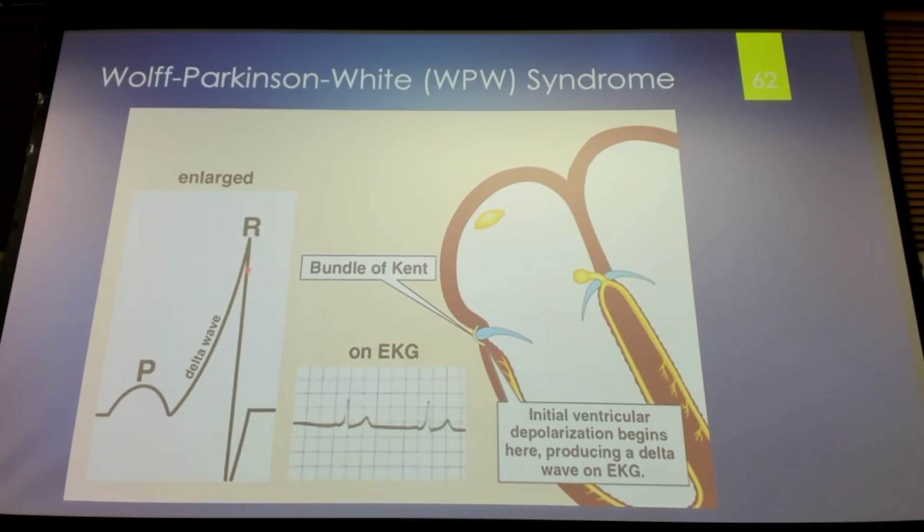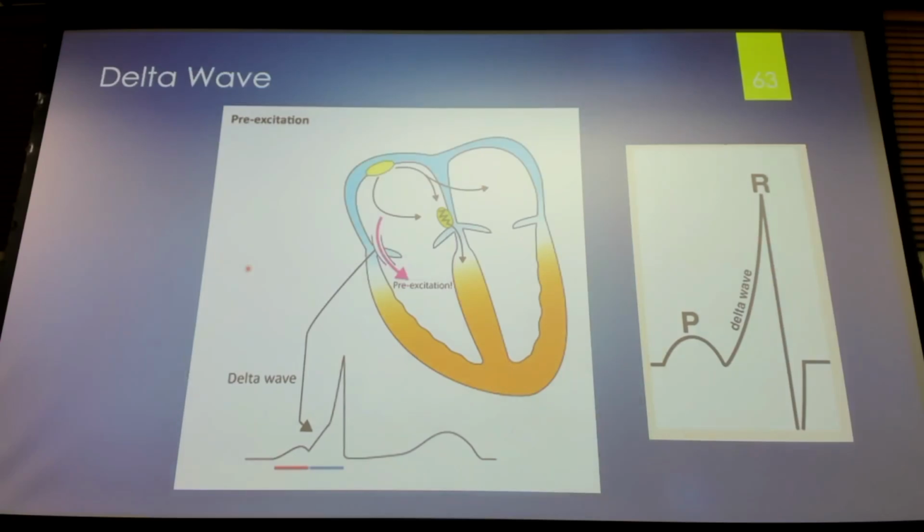If we have a normal conduction pathway, the ventricles are going to depolarize very quickly, up and straight down. But here, that's not the case. So what we're going to see, we've got that depolarization, we've got the SA node going down to the AV node, and it's going down to the ventricles. Okay? But what else you see is some of those depolarizations can come directly down through that accessory pathway.